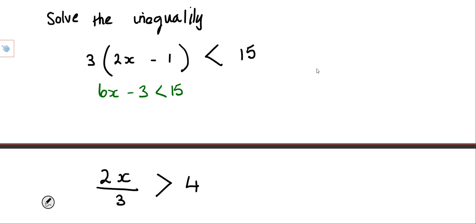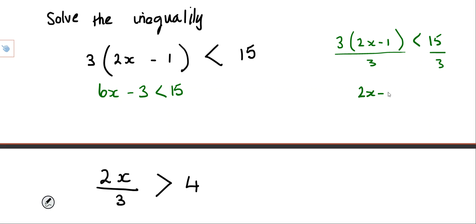That's one way. I'm just going to write over here, just so you've got a different way. I actually divided by 3 first. Because it's 3 times, if I divide by 3, I get 2x minus 1 is less than 5. But you didn't have to, you can do it that way. What did you do after this? Plus 3.